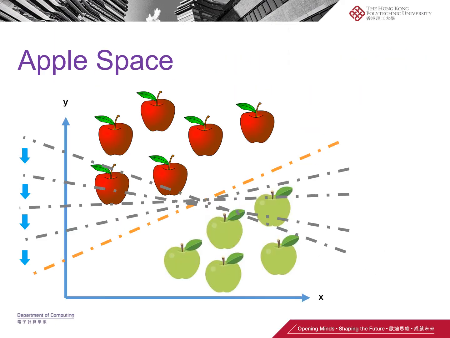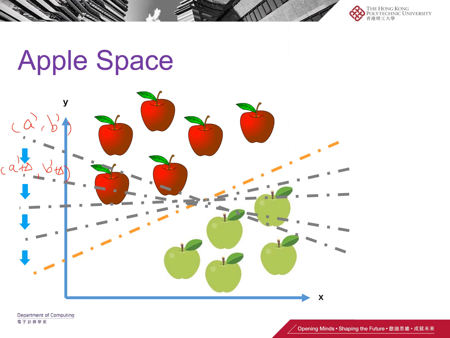Then back to the Apple space, because we have mentioned every A prime and B prime of A and B actually defines a line. So every time you update the parameters A prime, B prime, it defines a different line. And then the updating process is something like this.